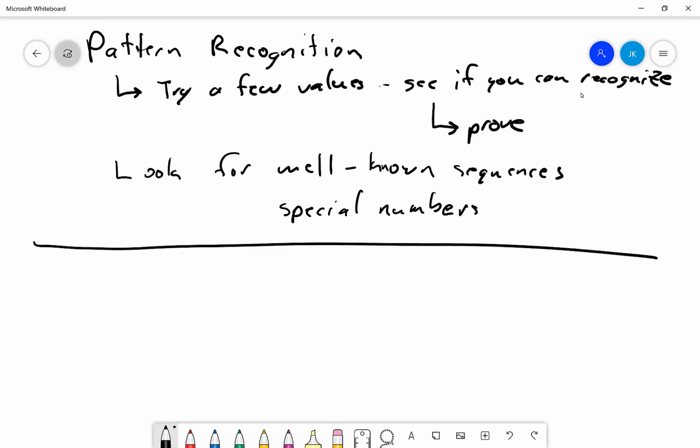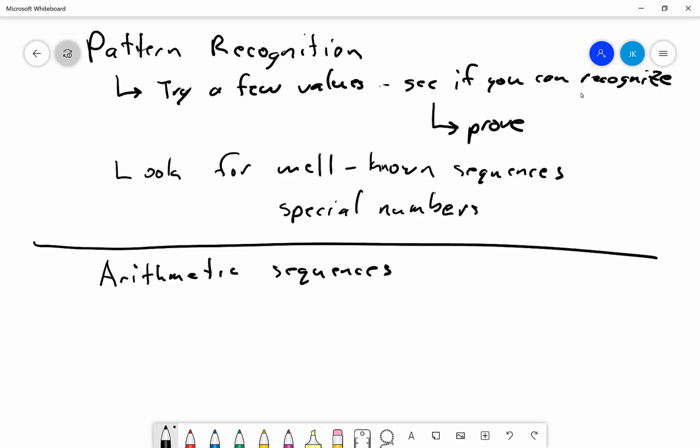So one of the most important ones that we have are arithmetic sequences. And these are ones where the difference between one value and the next is a constant. So if I subtract one number from the next one, I always get the same value.